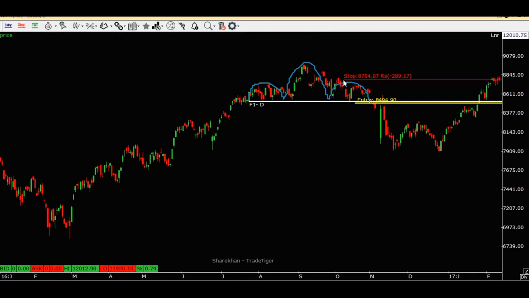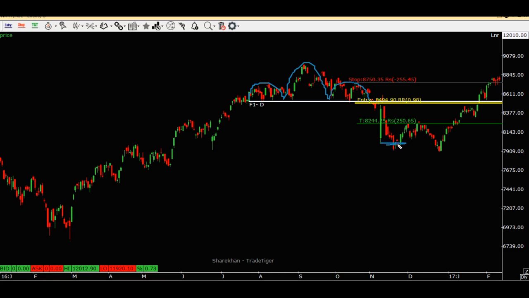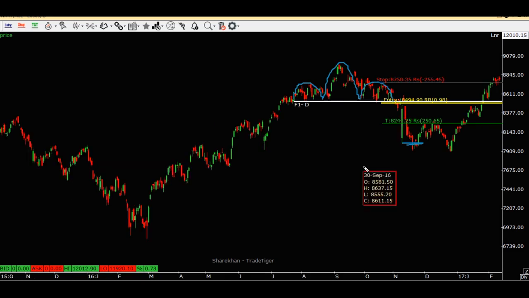My stop loss will be the shoulder high, and my first target will be 255 points, which is right here. Okay, and final target would also have been achieved somewhere here. Let's look at another example.